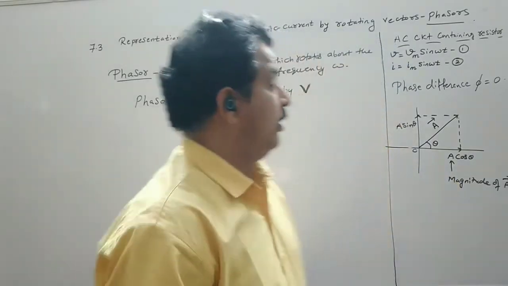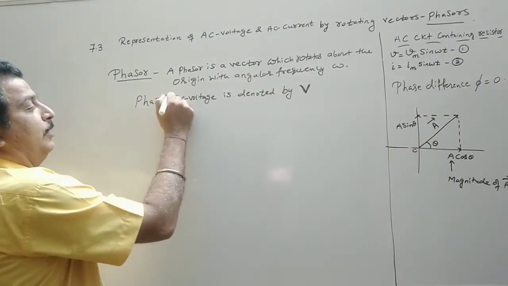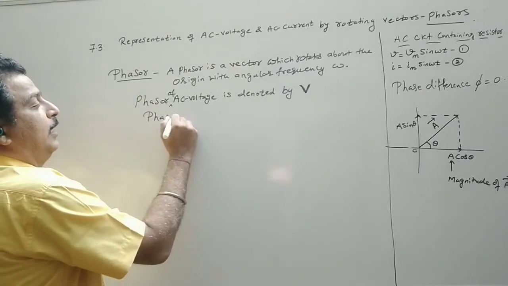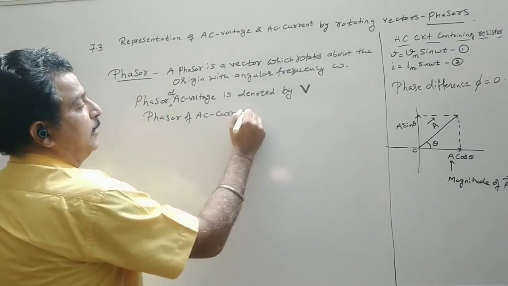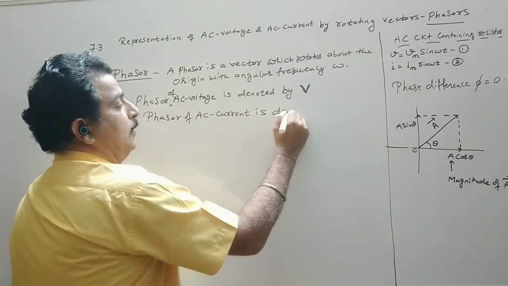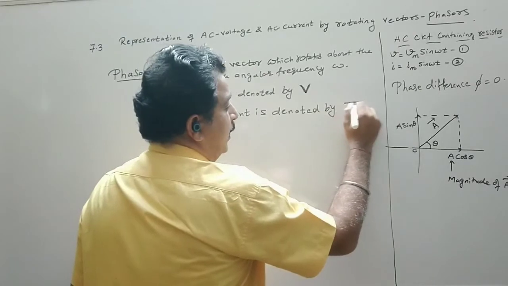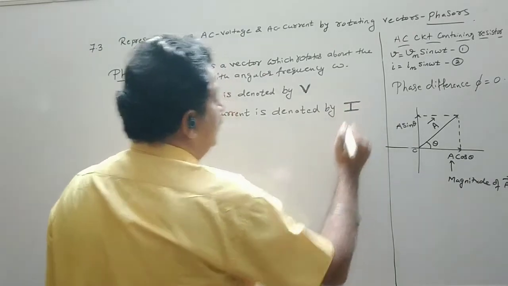So a phasor of AC voltage is denoted by capital V, and the phasor of AC current is denoted by capital I, but we represent it with a little bit bold sign.